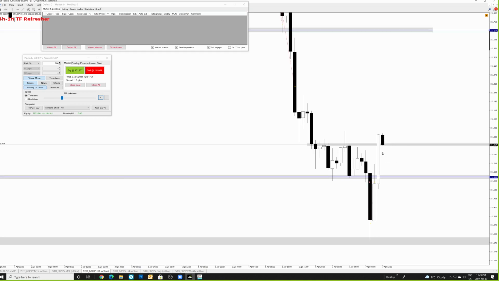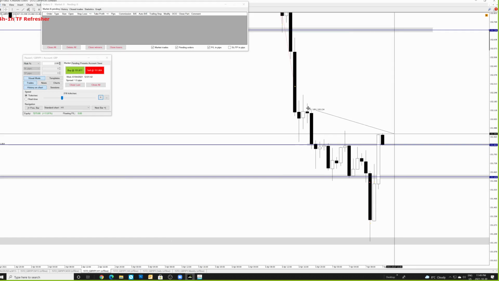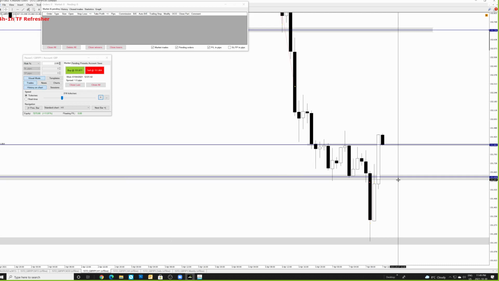So I think a better idea would be, if we create a support here or reject and then continue to go up, or if we can break below 151.600, then we can potentially go down. That's it. Easy analysis. No confusion, no trades over here, no FOMO, no rushing into nothing.